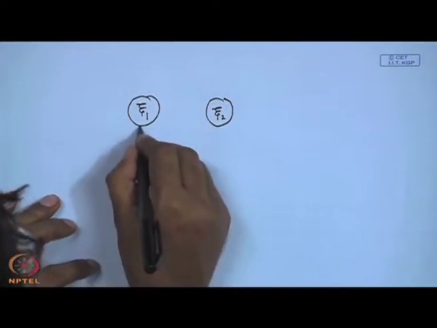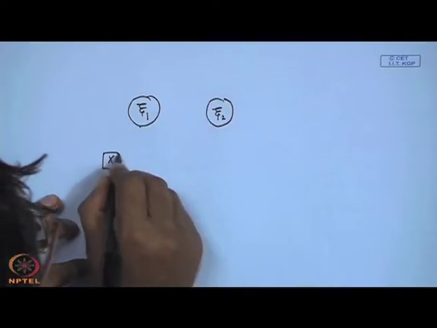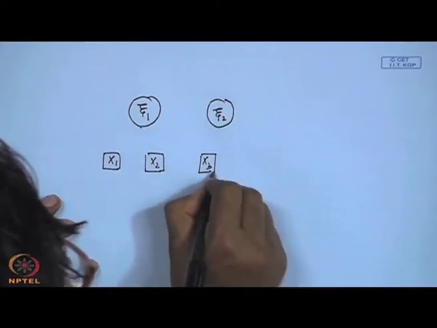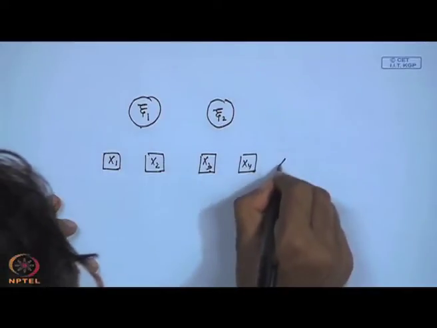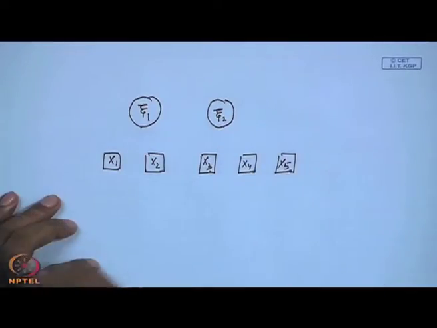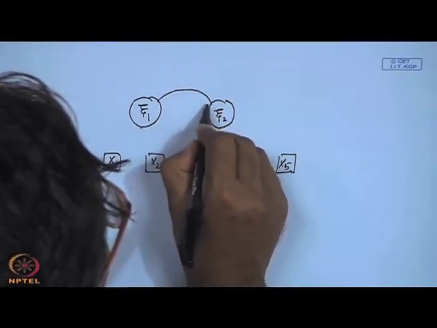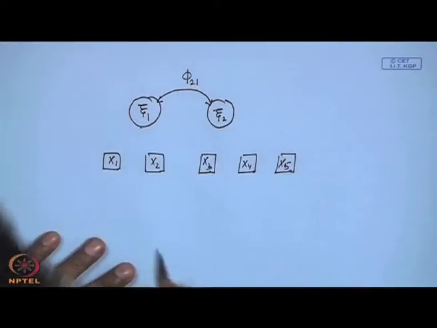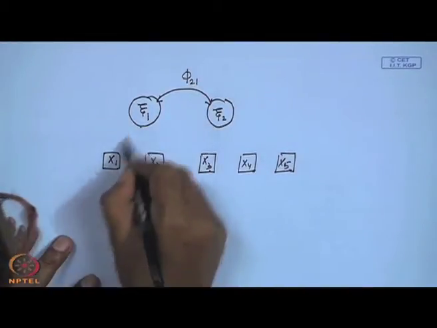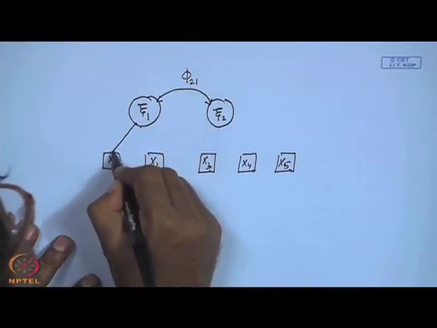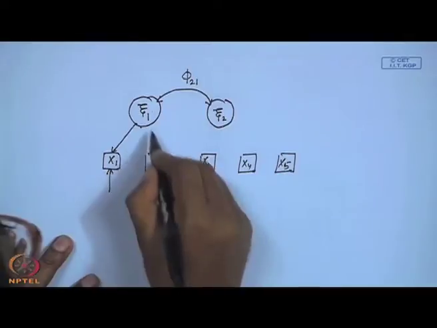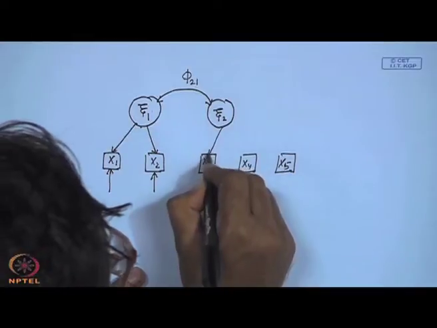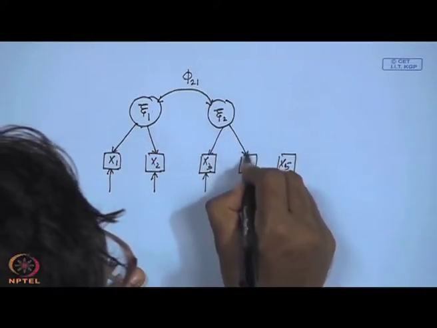The first one is related with x1, x2, maybe the second one is related with x3, x4 and x5. There is definitely covariance between the two, that is phi 2 1, and each of the observed variables are caused by xi1 here, and these are caused by xi2.